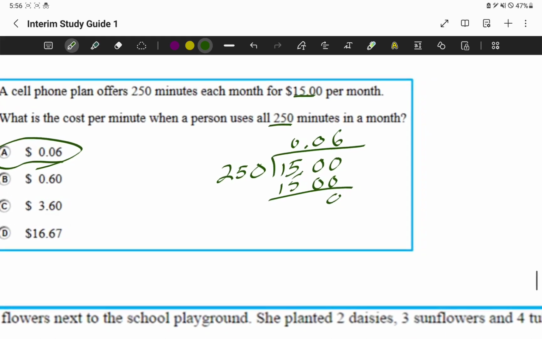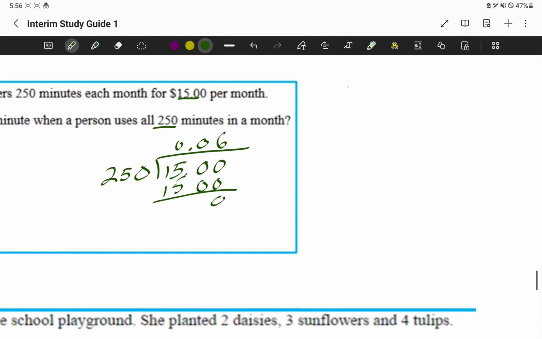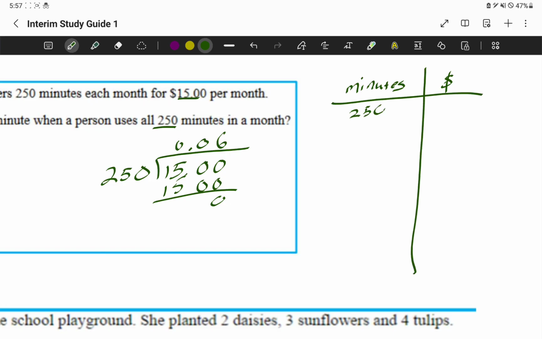Now, if you prefer a table, well, minutes and money. So 250, 15. We want to get the minutes all the way down to 1.